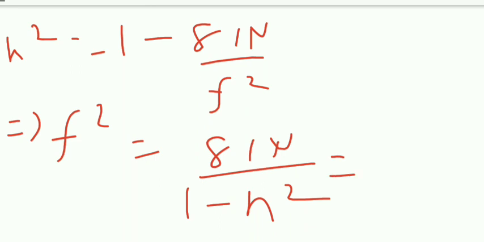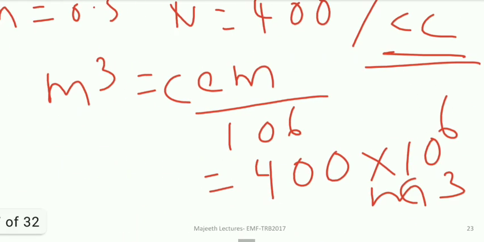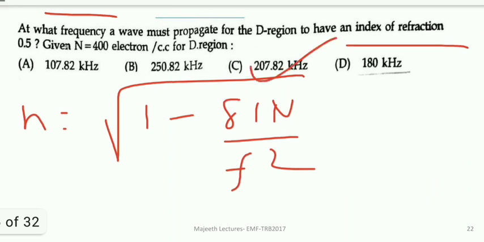Capital N we know, small n also we know. If you simplify that, what you get is 207.84 kilohertz. So the answer is 207.82 kilohertz.